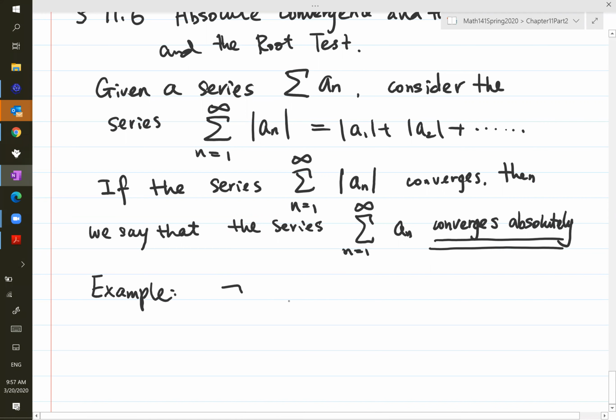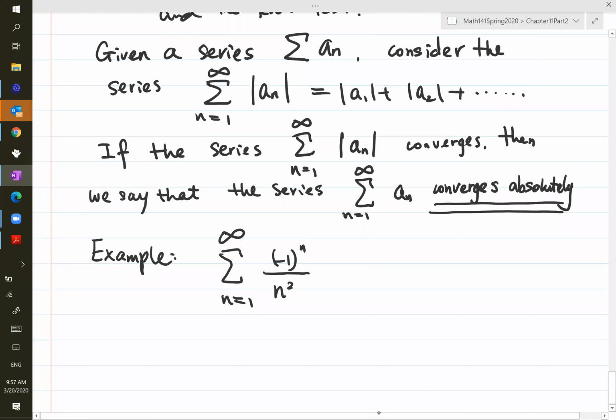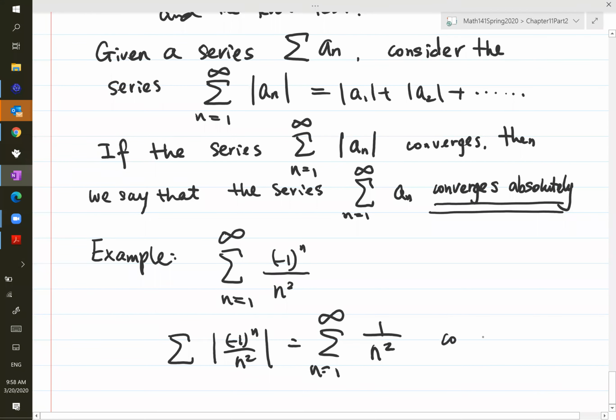Negative 1 to the power n over n squared, n from 1 to infinity. If we take the absolute value, this gives us 1 over n squared, n from 1 to infinity. This converges by the p-test. Here p is 2, greater than 1.